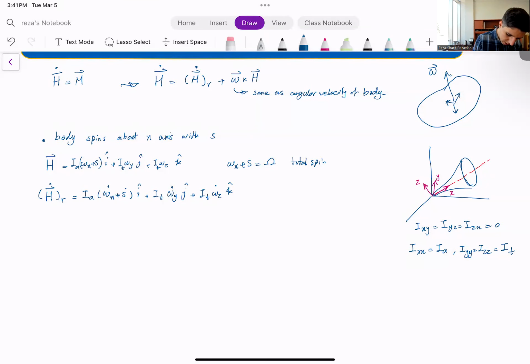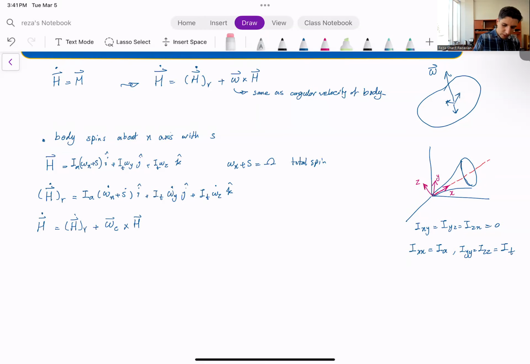And with these, my h dot total is going to be this h dot relative that I calculated plus omega c cross h, the one I calculated up there.